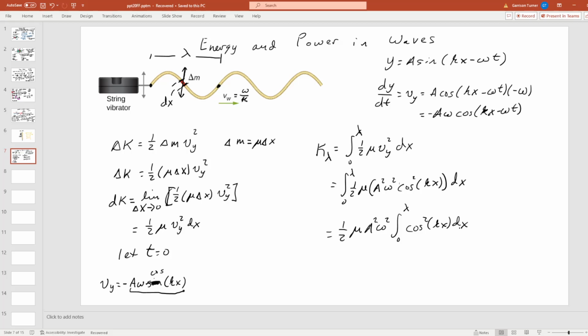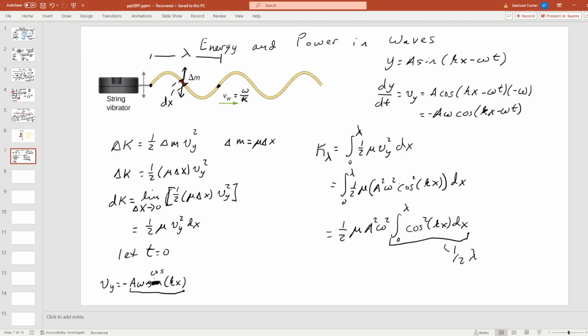The punchline is that this integral goes to 1/2 lambda. You can prove it to yourself by using an online integral calculator, like Wolfram.